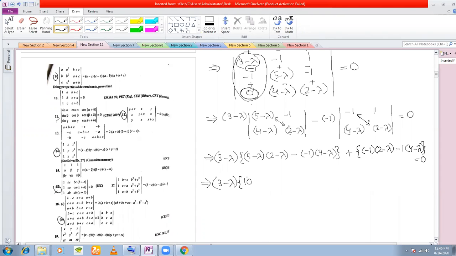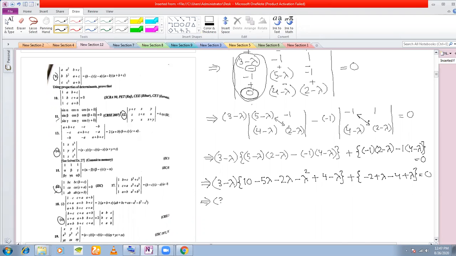So this becomes 3 minus lambda into 10 minus 5 lambda minus 2 lambda minus lambda square. And this becomes plus, minus minus combined to become 4 minus lambda. Okay, plus. And what about this? This becomes minus 2 plus lambda minus 4 plus lambda equal to 0.